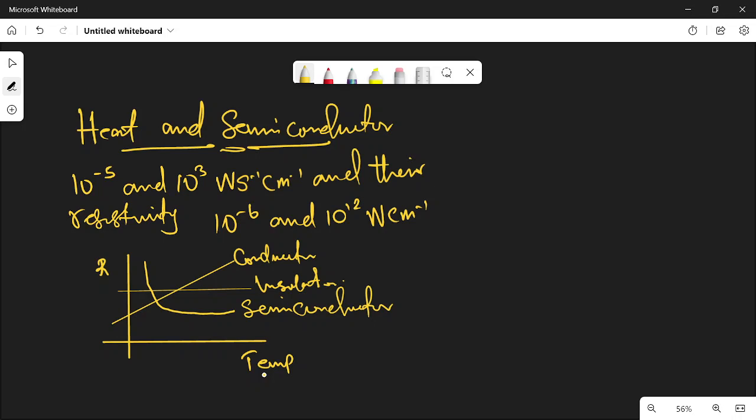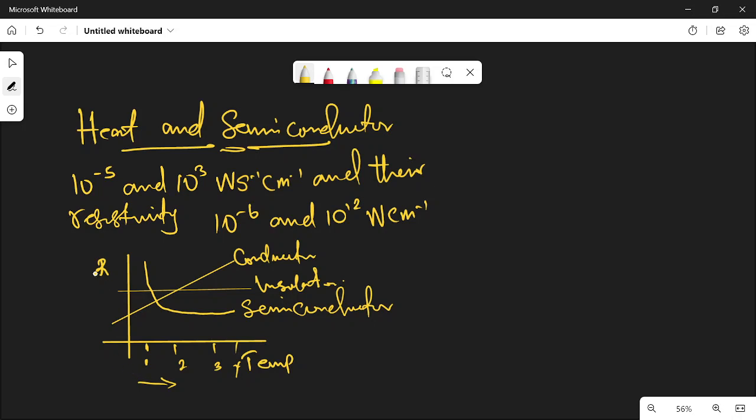But for a semiconductor, as you are increasing the temperature, the resistance is reducing. Let's say this is 1, this is 2, this is 3, this is 4. You can see that as the temperature is increasing, the resistance is just decreasing.